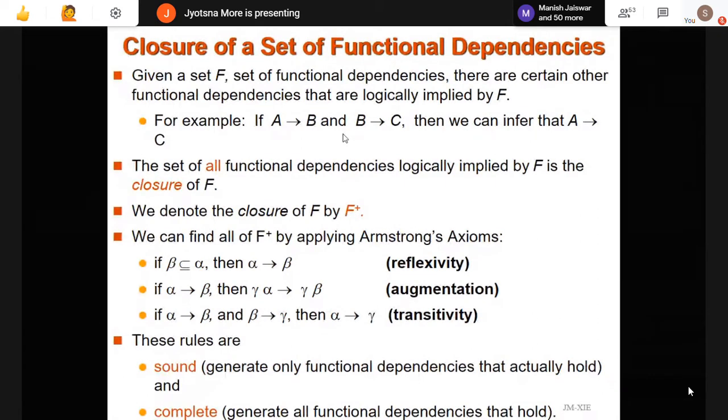For that, you should know some rules to get the functional dependency closure.